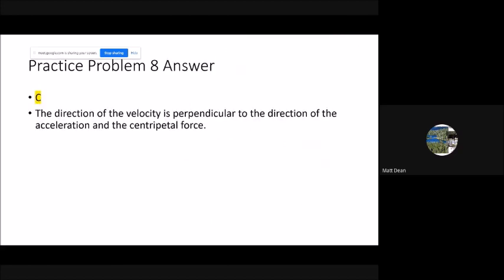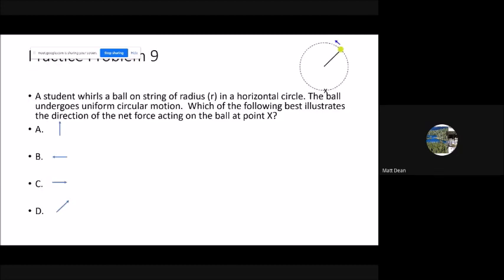All right, the next problem looks kind of like the same problem, same situation. This time we want to know which of the following best illustrates the direction of the net force at point X. So again, ball's going counterclockwise. It gets here. Go to the center, draw in a radius straight to that point. Here we're asking about the net force.